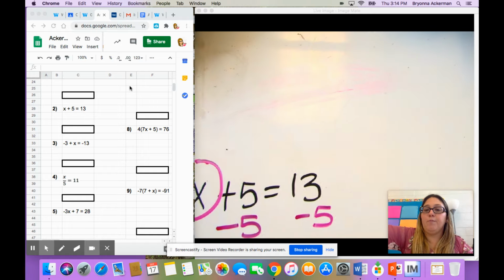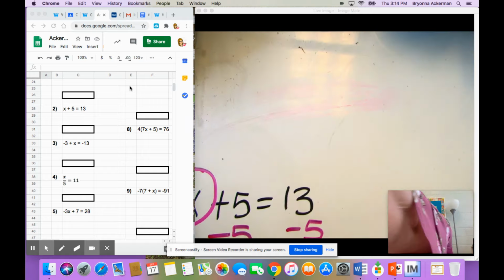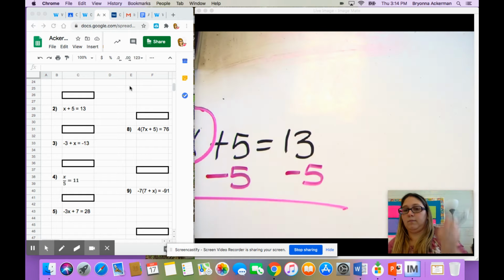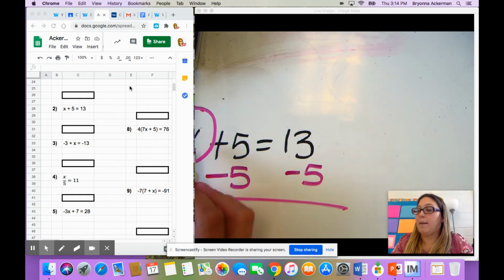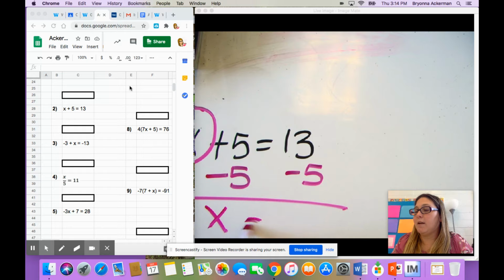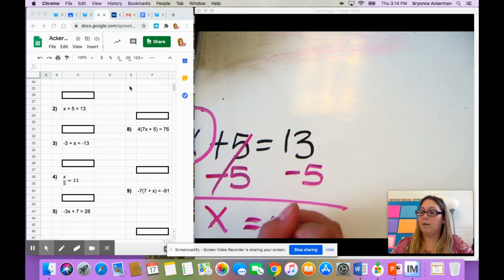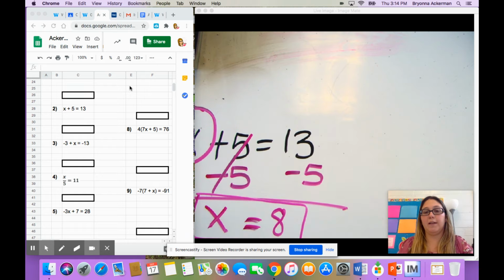So now I'm left with just x on this side, and because 5 minus 5 is 0, that goes away. And then we have 13 minus 5. And so we are left with 8.